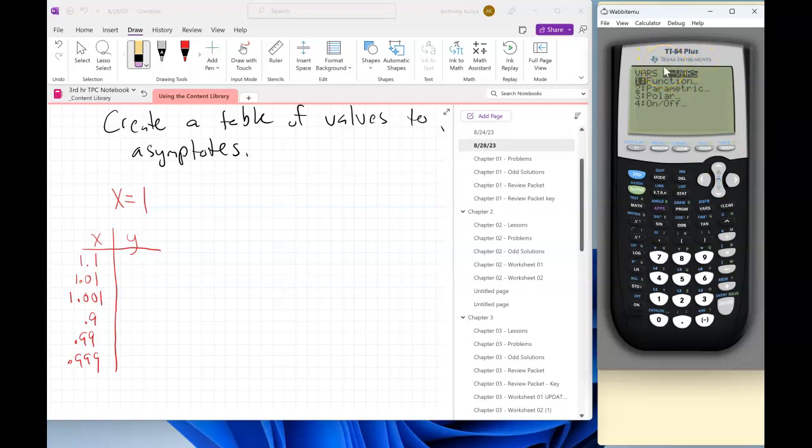In this class, we're going to be in function mode, I think all year. So I'm going to pick function option. And look, there's the y1 right there. So I'm going to press enter. And then I'll write a parenthesis to do y1 of 1.1. So I'm going to write that number down.